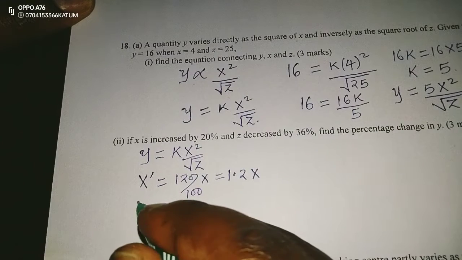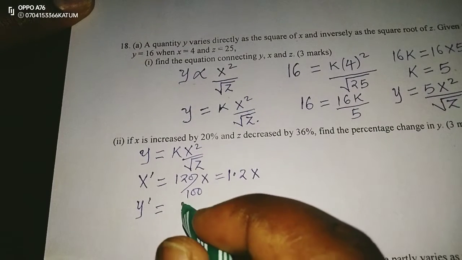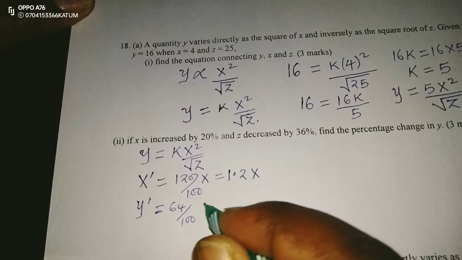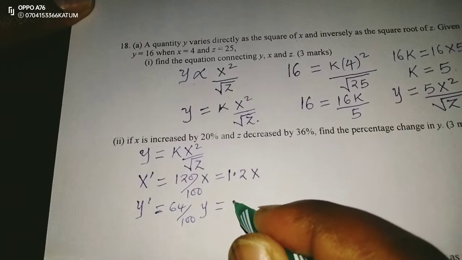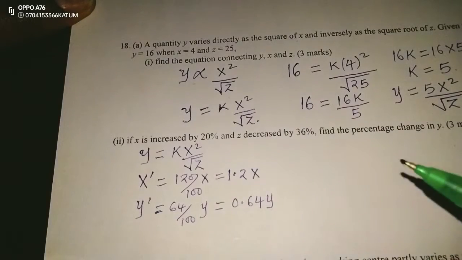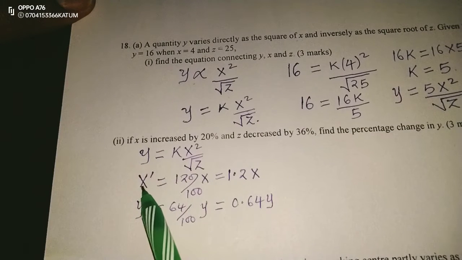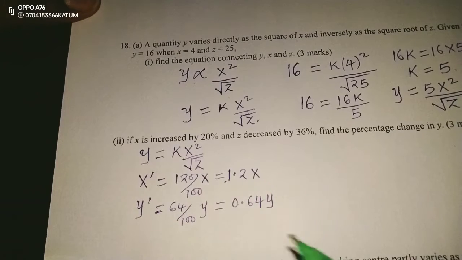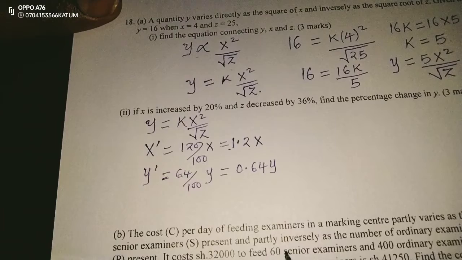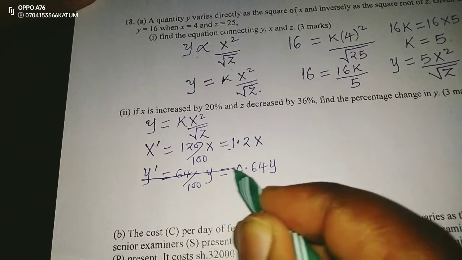And also z changes by decreasing by 36%. That means the new z becomes 64% of the original z, and this is 0.64 original z. The new x is 1.2 the original x. Do you know that this is z and not y?